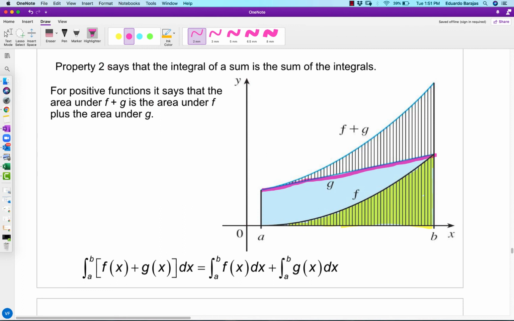So on one individual rectangle, if you think about the ith rectangle over here, let's say that this one represents the ith rectangle. Well, this part right here represents the height of the ith rectangle, right up to there. But then going all the way from here up to there would represent the ith rectangle for the g function.